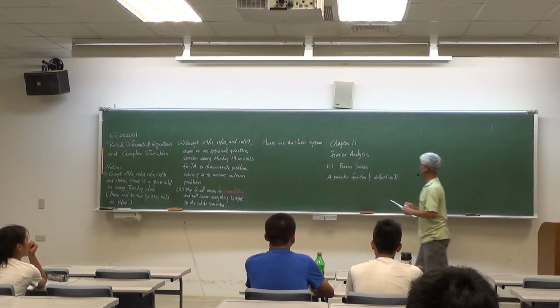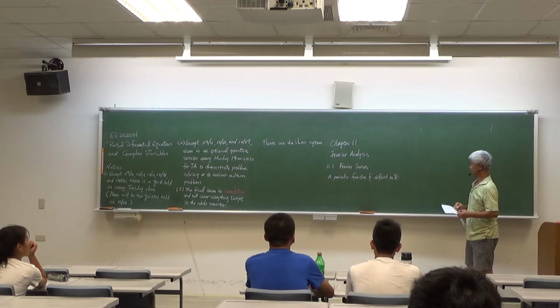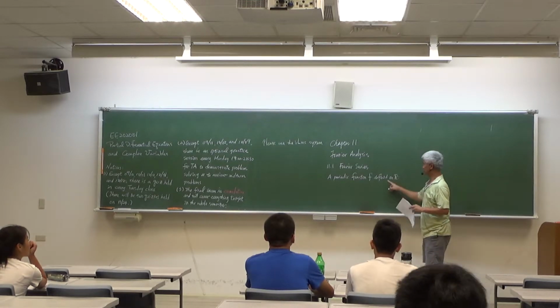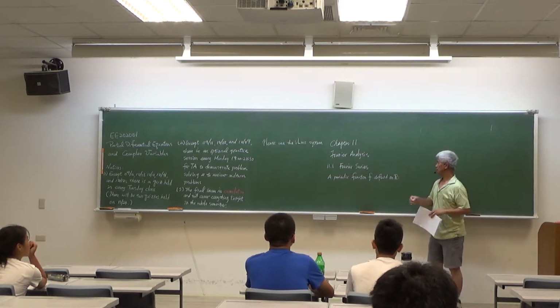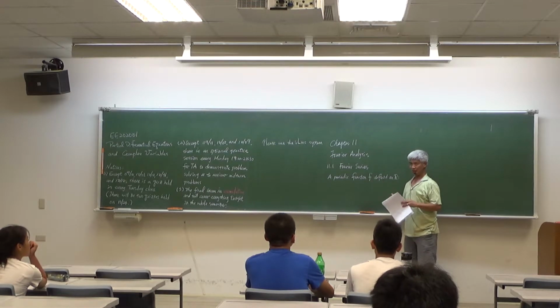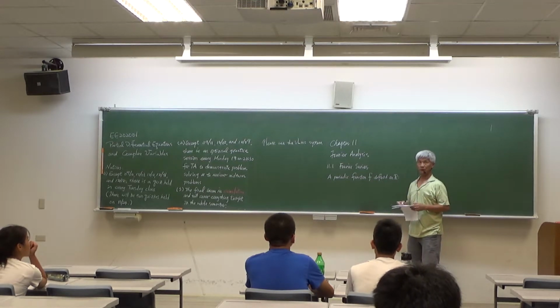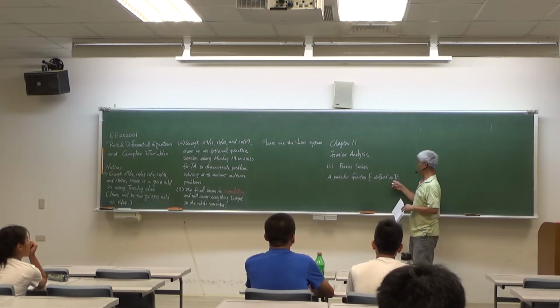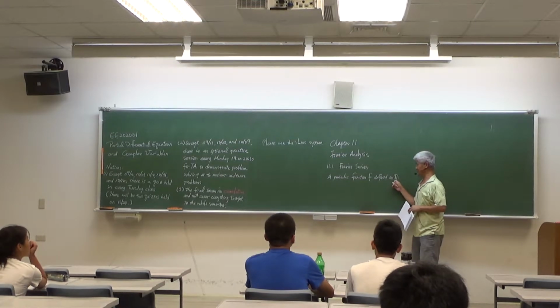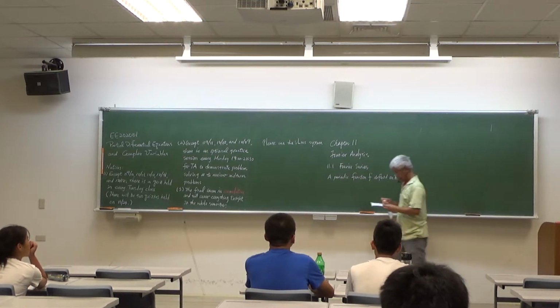The first concept is about a periodic function f defined on R. Defined on R means that the domain of this function is the set of all real numbers. So you all know the notation. This notation is the set of all real numbers.